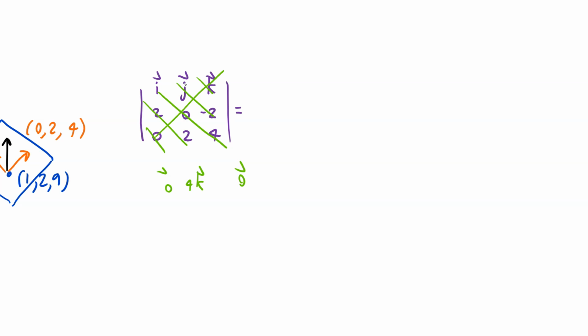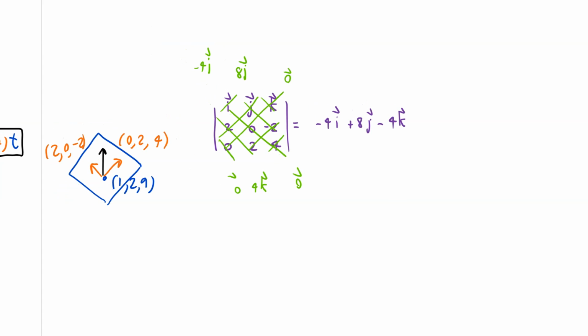If I multiply up, I'm going to get 0, negative 4i, and 8j. So the determinant is negative 4i plus 8j minus 4k. That means the coordinate for this black vector is (negative 4, 8, negative 4).